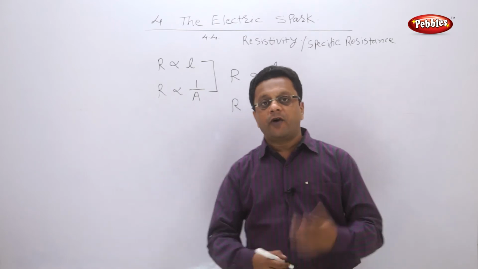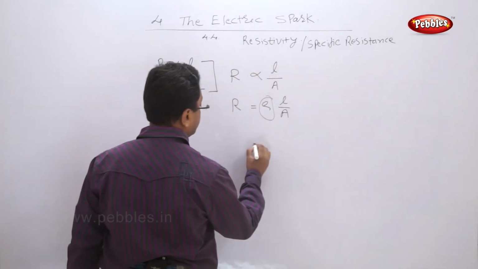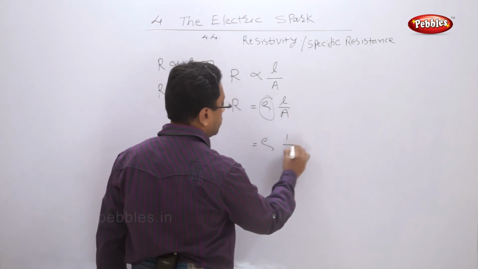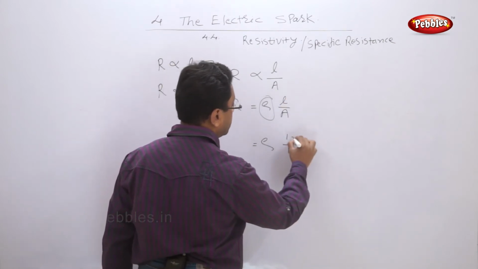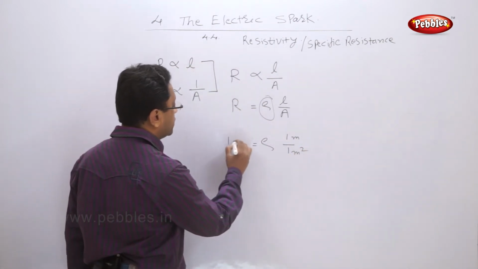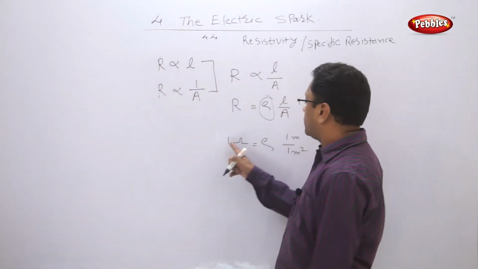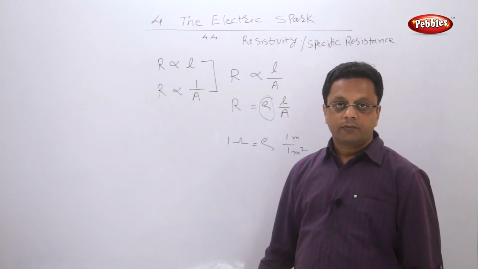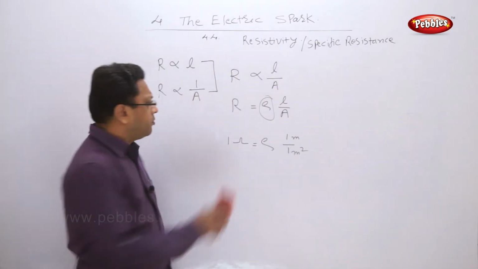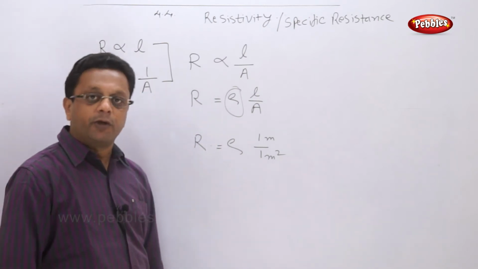So how will you define rho? Consider that the length of the conductor is 1 meter, the cross section area is 1 meter square, and the resistance is 1 ohm. What will happen? Rho will be 1 ohm. I have considered the resistance as 1 ohm, but there can be any resistance of that particular material.